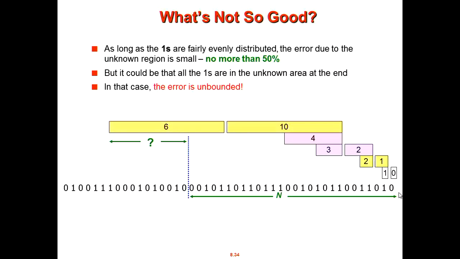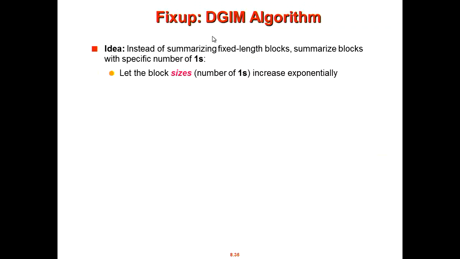So we start from here with a 1-bit region, 2-bit region, 4-bit region, 8-bit region. But in the improved version, in the real DGIM algorithm, we are not storing regions like that. We are storing blocks with a specific number of ones.